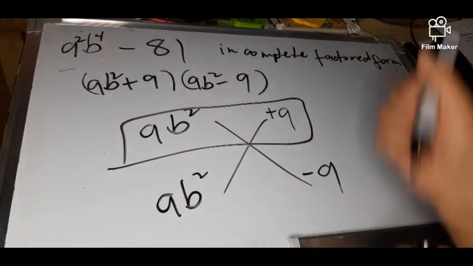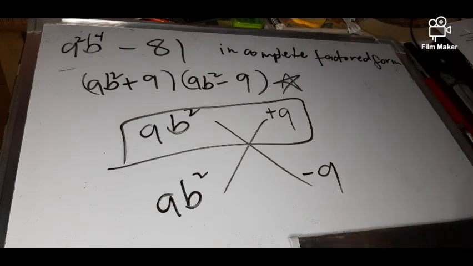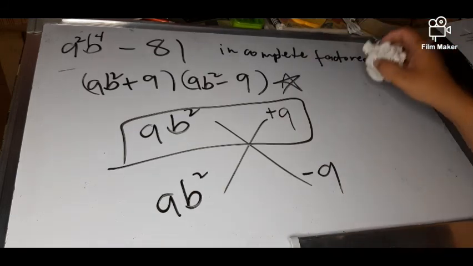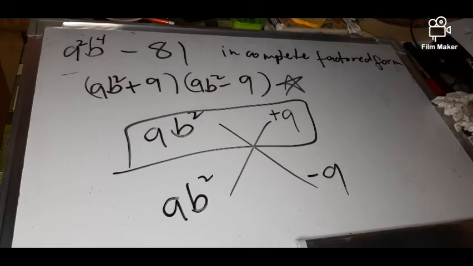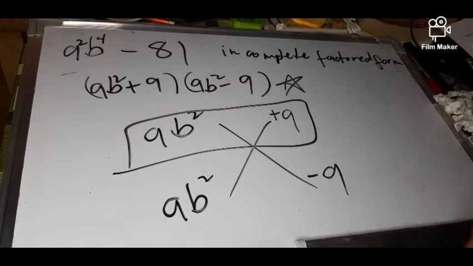Then, that's the answer. So, this is for the lesson of factoring difference of 2 squares. Difference, it means yung minus po yun.